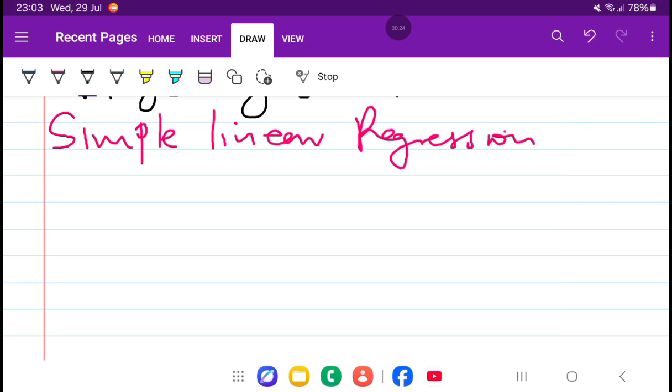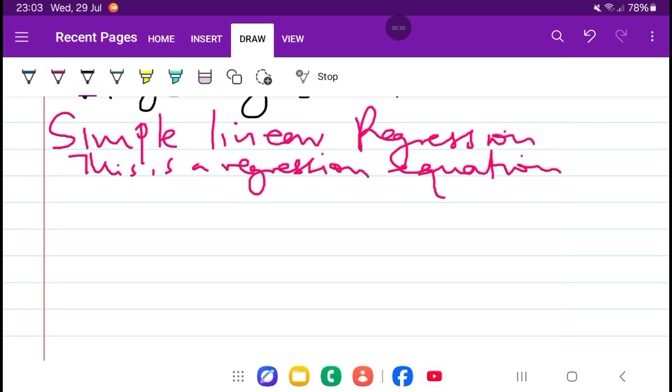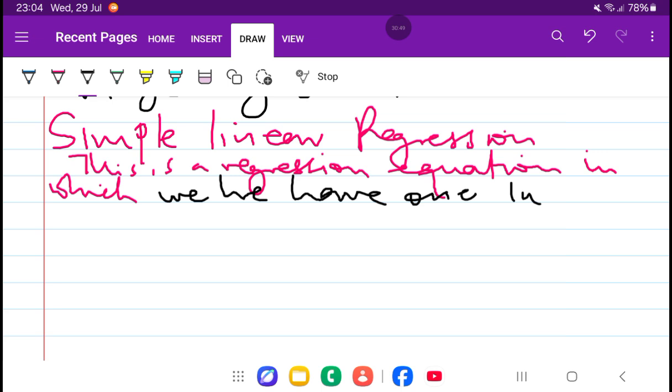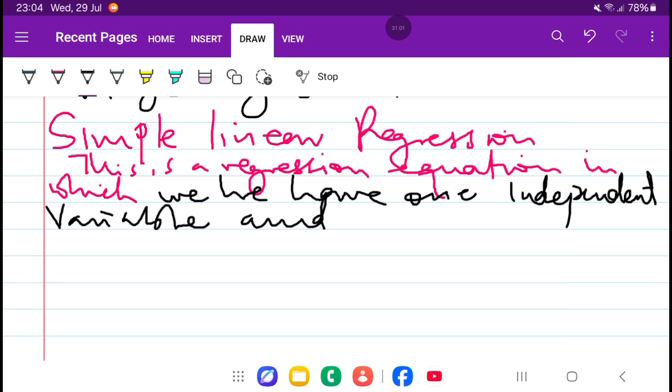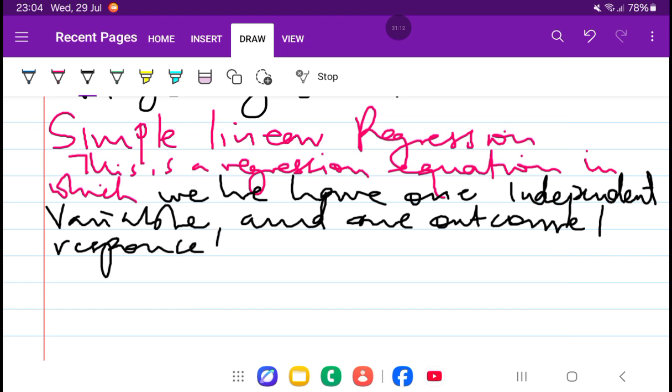And of course, this is a regression equation in which we have one independent variable and one outcome or the response or the dependent variable.